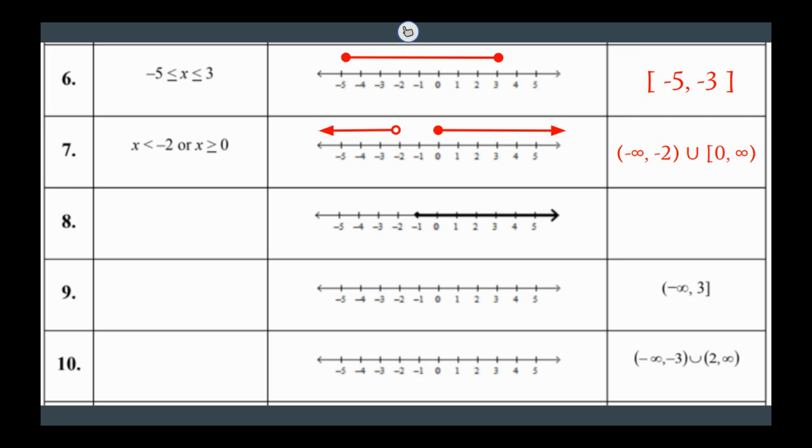Okay, number 8, they gave you the number line. We get to do the other 2. So we're at -1 and to the right. So what's my inequality? What's the inequality for number 8? It's from -1 and everything greater than that. So would that be greater than or equal to -1? Yeah. So at -1, we're going to have a bracket, and then it's going to go all the way to positive infinity.